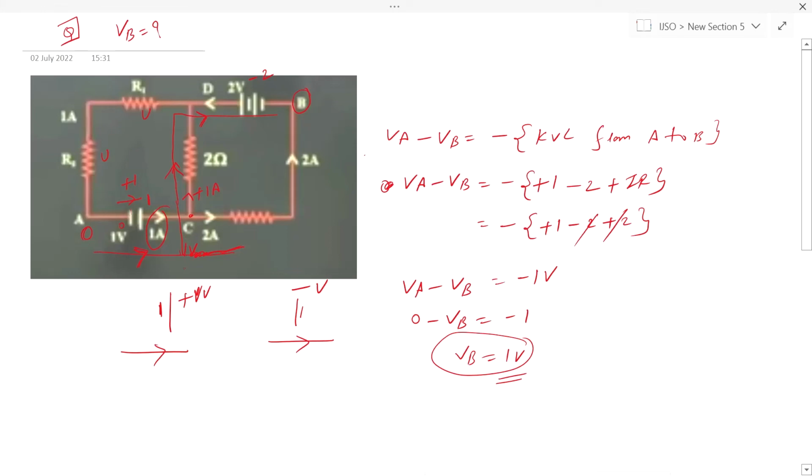VA is 0. So you assume that to be 0, but that's an assumption, right? VA is 0. That's the same point potential. I've assumed this to be 0. So this will be V volt.